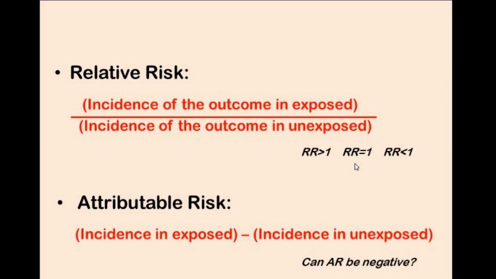And if the relative risk was 1, that would mean that there would be no difference seen. Imagine if we had 10 people who developed lung cancer in the exposed, or in the smokers, divided by 10, let's say, who also developed lung cancer in the unexposed. In this case, we would have 0.1 divided by 0.1, which is equal to 1, and clearly there was no association then, or no increased relative risk, you could say.